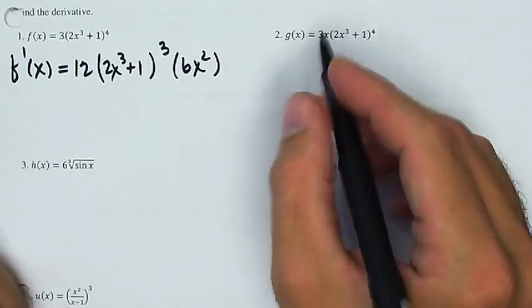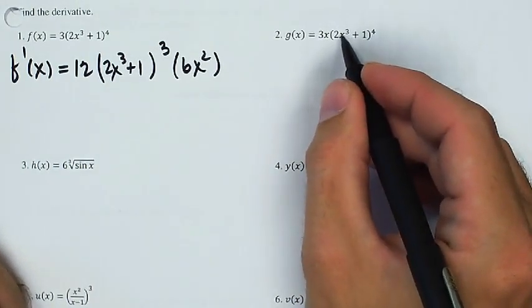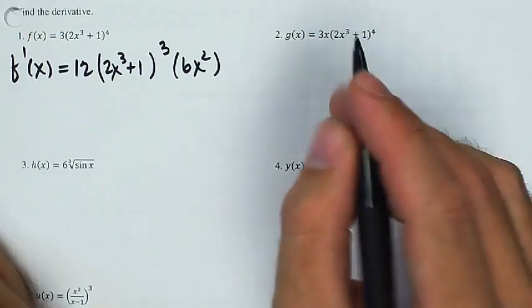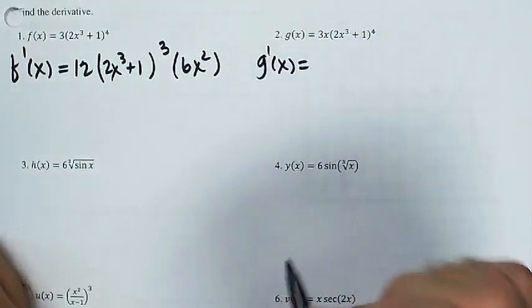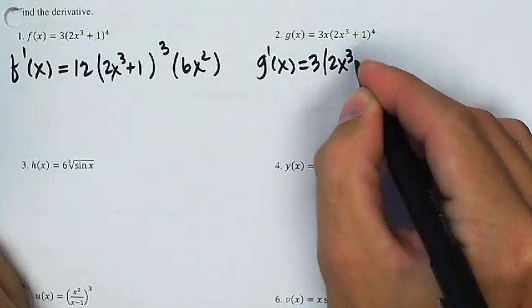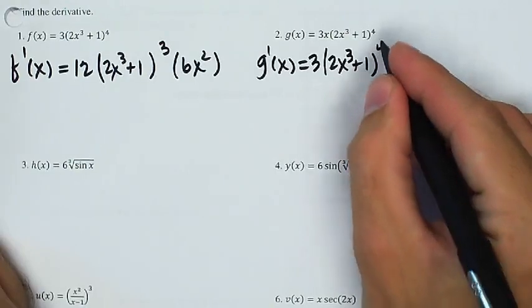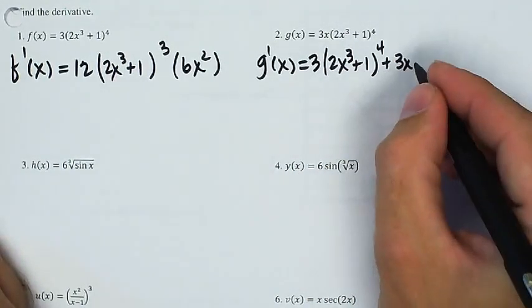Over here, I've got a product situation, but the second factor has a chain because it's 2x to the 3 plus 1 to the fourth power. So g prime of x, I'll start by taking the derivative of the easy one, and then I'll leave this thing the same. So I'm doing the product rule. I'm going to add in, leaving 3x the same, the derivative of this.